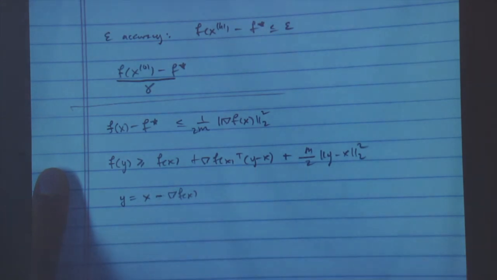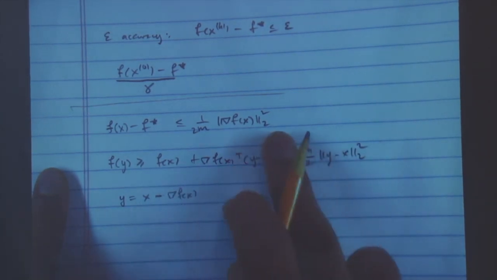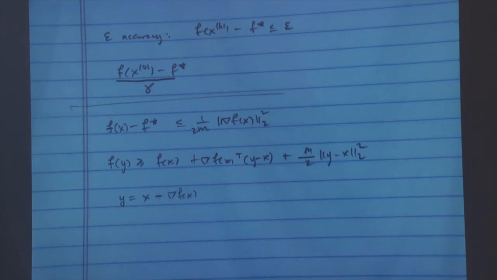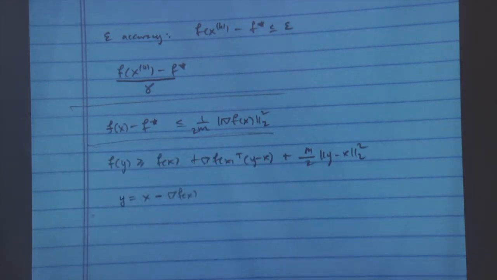And I think what you'll see is that we get a bound of this form. Yeah. So I think I'm not quite reproducing it, but we get a bound of this form from the strong convexity of f.